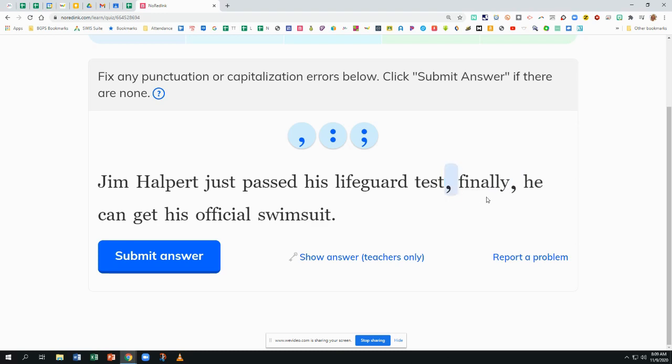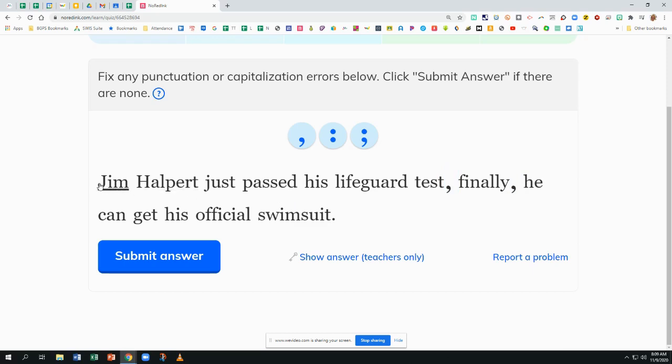So now the question is, we have a comma on either side of finally. Finally is our conjunctive adverb. But is it interrupting a complete thought? Which would be the case to have a comma on both sides. That means it's interrupting a complete thought. Or are each of these complete thoughts?